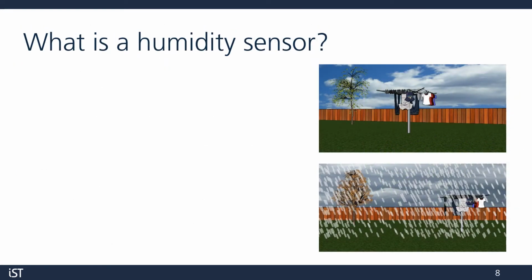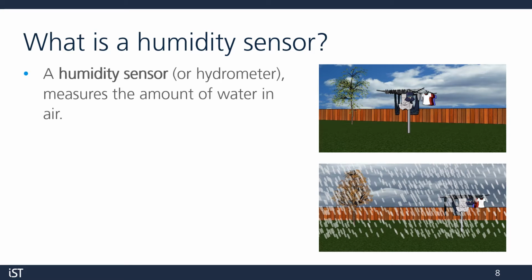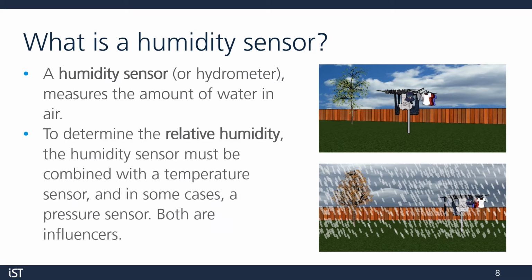What's a humidity sensor? A humidity sensor, sometimes referred to as a hydrometer, measures the amount of water in the air. To measure the relative humidity, we also need to know the temperature of the air. So we'll need to measure temperature as well, either with a separate sensor or with a humidity sensor with onboard temperature measurement.